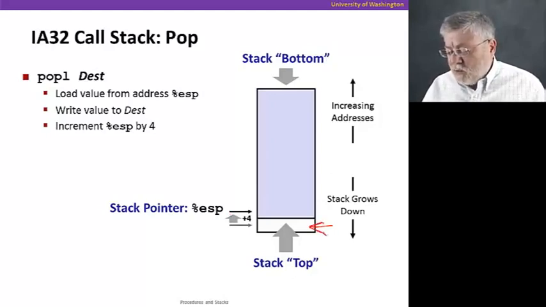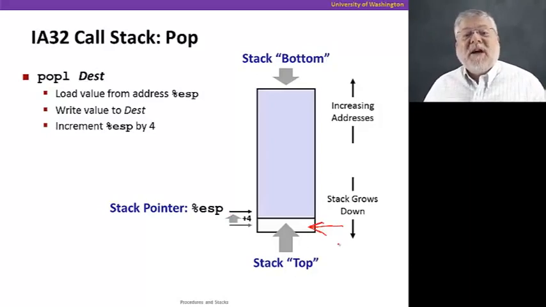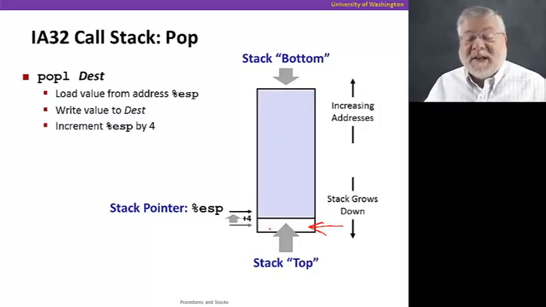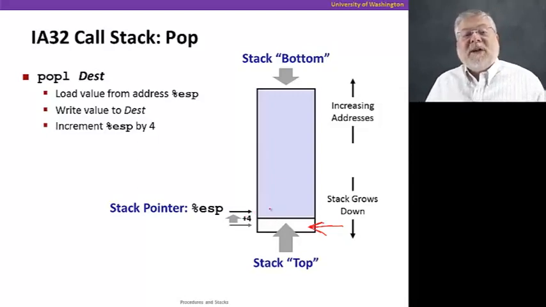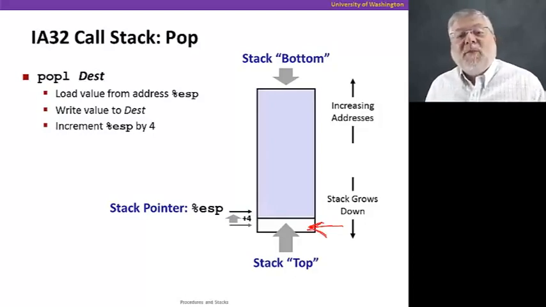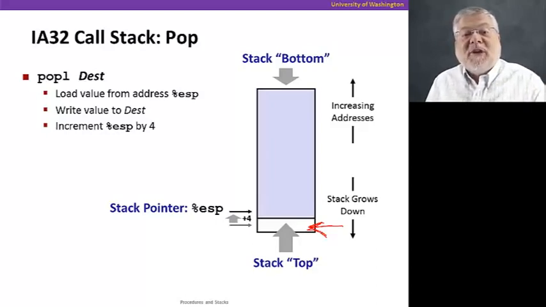Now, when we say remove this word, we're not really removing it. It's still there in the memory. We're just not referencing it anymore. We've adjusted our stack pointer to point to the next value down the stack. But those bits, if you will, are still in the memory at that location. We acknowledge that they're not to be interpreted anymore.